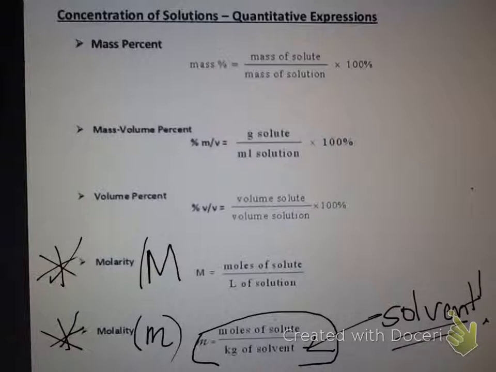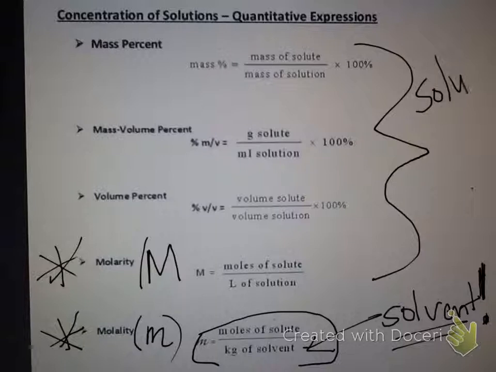Why am I writing this and underlining it twice and putting an exclamation mark on it? If you notice in all of the equations above, it's always solute over solution. And what are the two parts of solution? Solvent plus solute, right?